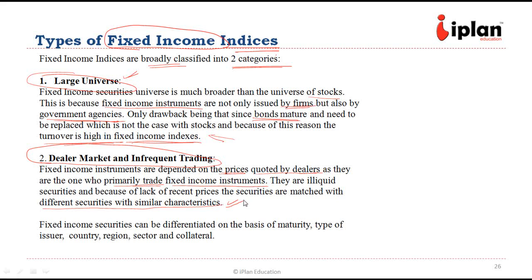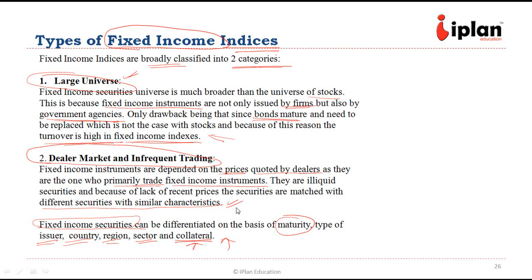So these fixed income securities can be differentiated on the basis of maturity, types of issuer, country, region, sector, and the quality of collateral, etc. So based on that we can categorize fixed income securities, and accordingly we can have different indices for different kinds of fixed income securities.